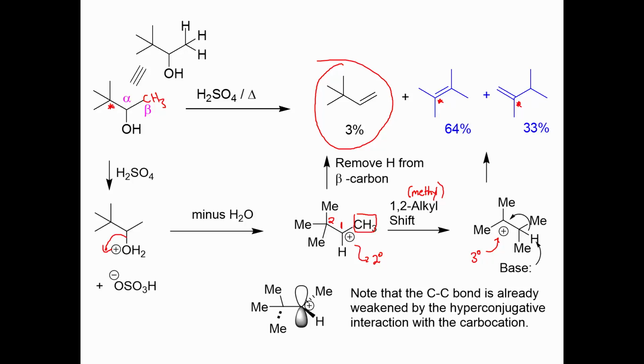All right, so the major product comes from eliminating that hydrogen right there off of one of the beta carbons. And the minor product, in 33% yield, comes from removing one of the hydrogens off one of those methyl groups that I've designated as beta prime. Okay?